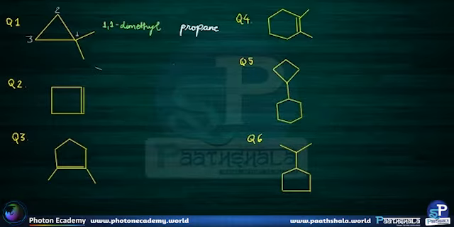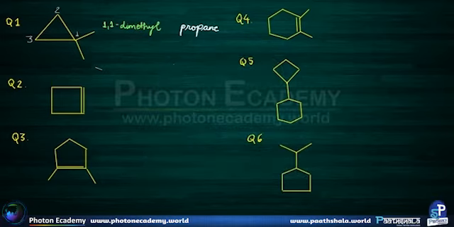And as we have learned, between the prefix and the word root, we always use cyclo. So it will be 1,1-dimethylcyclopropane. This is the correct IUPAC name for this compound.